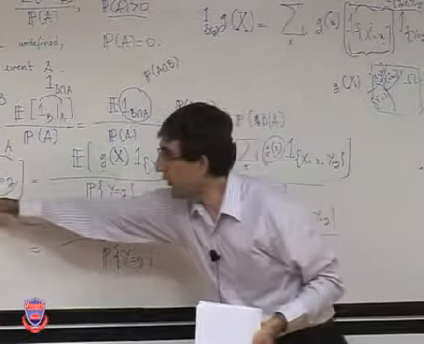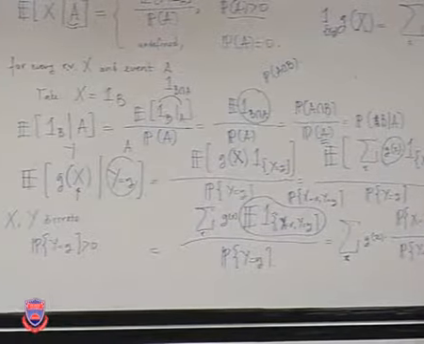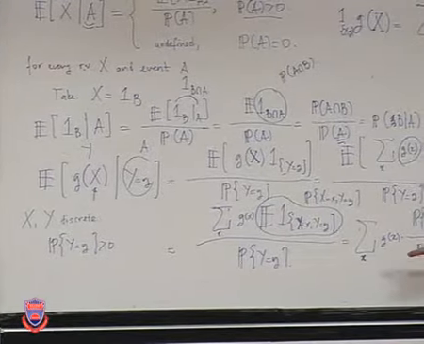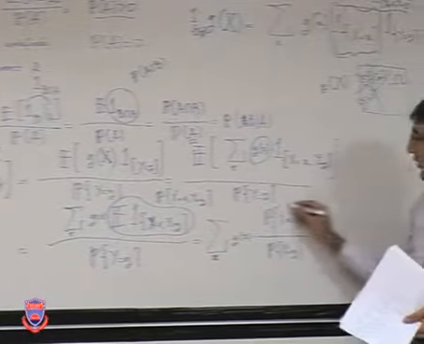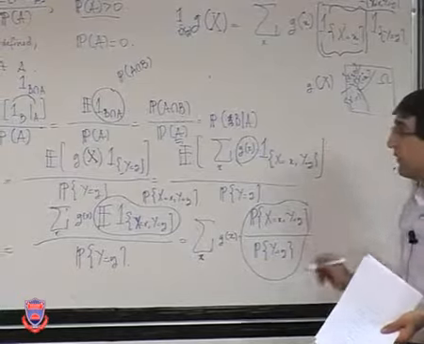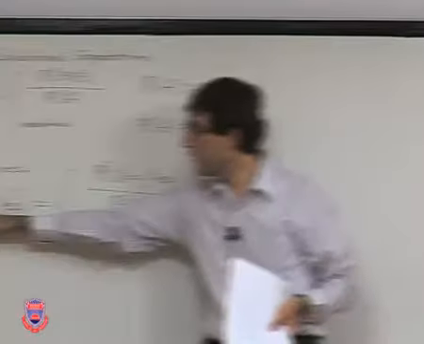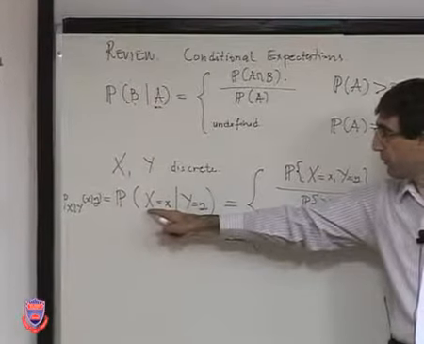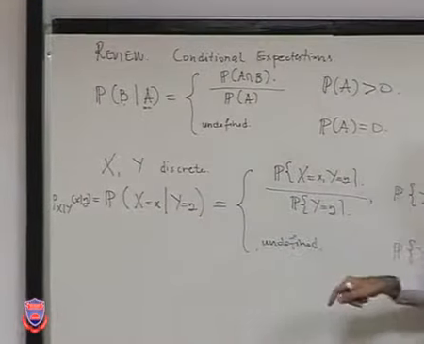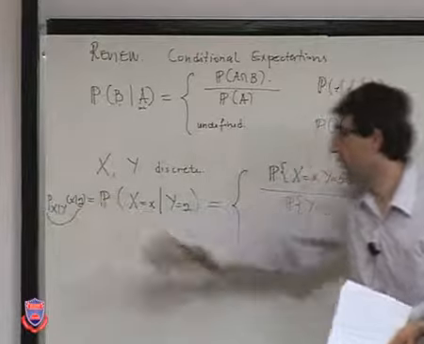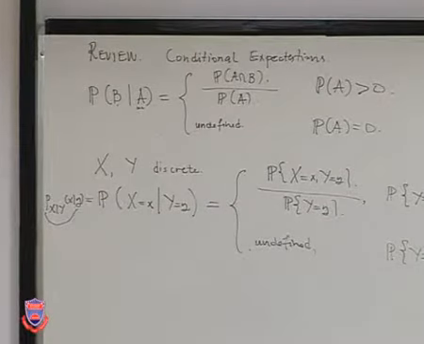So to calculate the conditional expectation of x given y, you have to evaluate this, but in the meantime you realize that this was what we call the conditional probability mass function of x given y, which we denoted in this case by this formula.